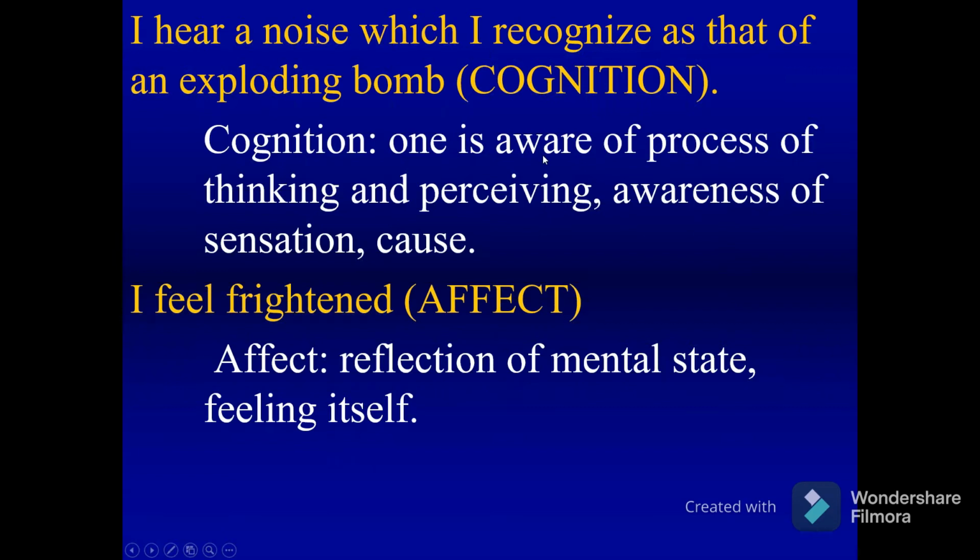So as we are aware of the process of thinking, it is a cognition. I feel frightened. It is affect. Why affect? Because it is the reflection of the mental state, feeling itself. So I feel frightened. It is a reflection of the mental state. So it is the affect.